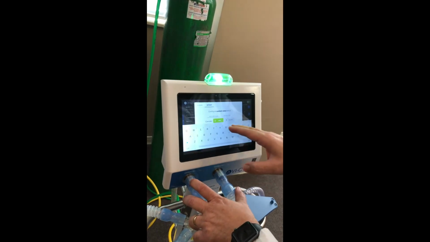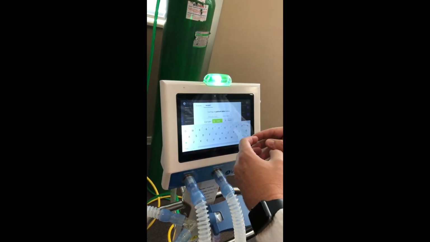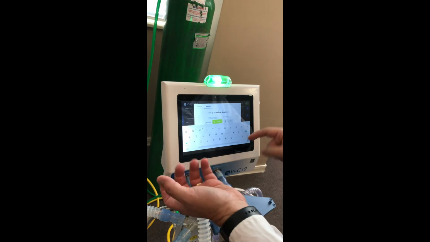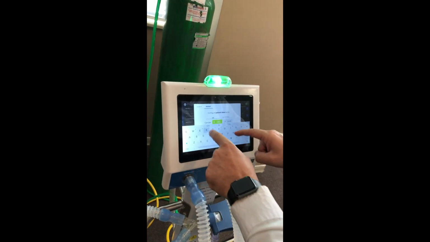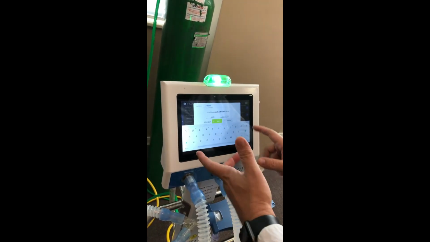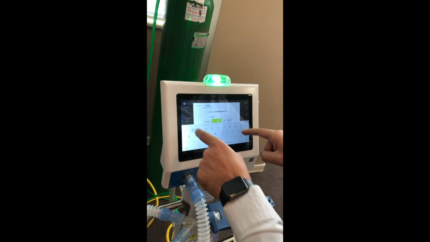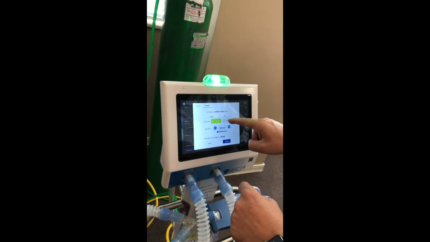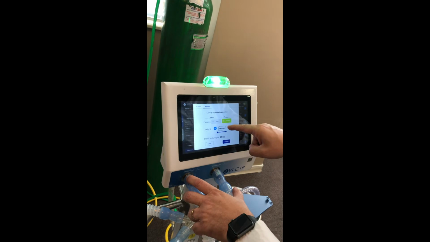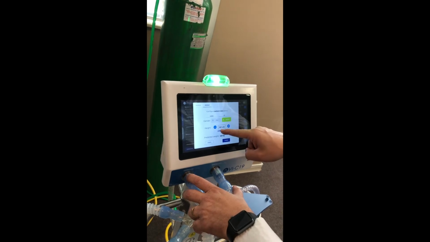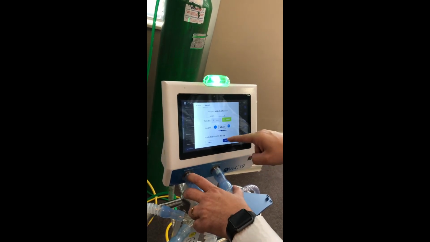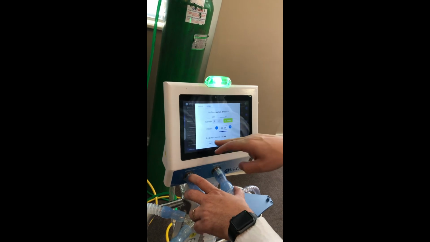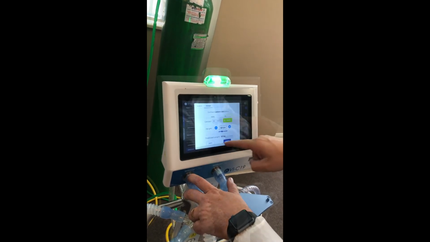Patients. Here you must enter the information about the patients. For example, the name, the bed, the gender, the height. This will be used to predict weight. For example, Maria, the predicted weight is 53 kilograms.